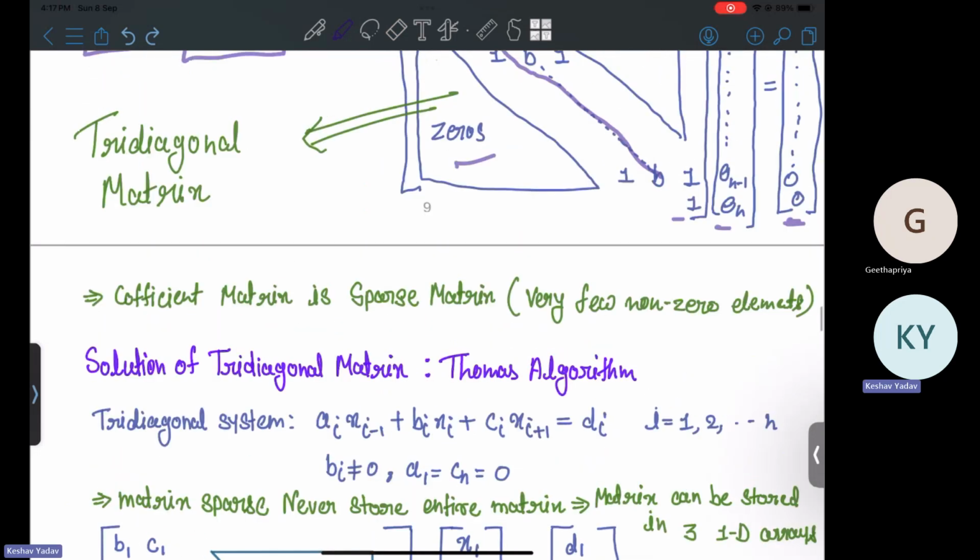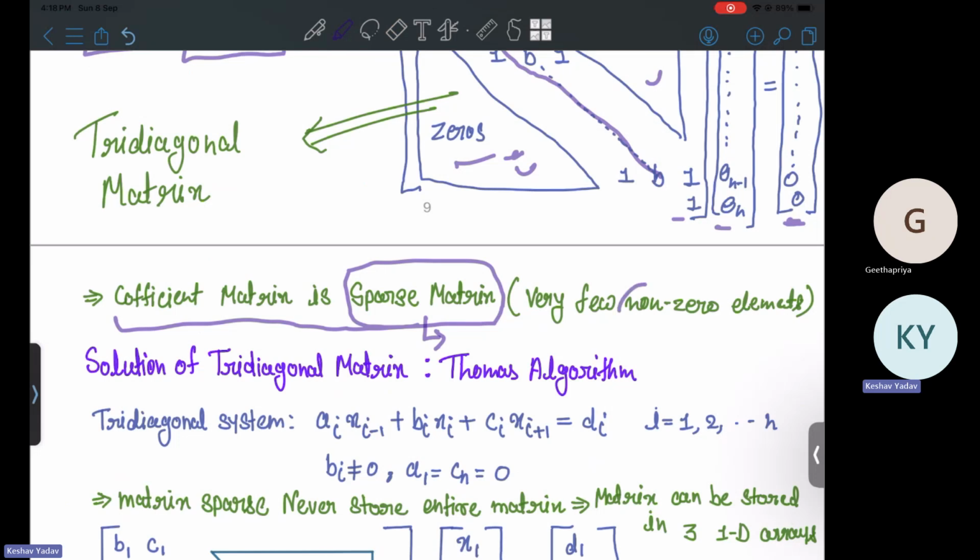As you have seen, most of the terms are zero, so the coefficient matrix is a sparse matrix. If most of the terms are zero, the matrix is known as a sparse matrix. There will be very few non-zero terms.